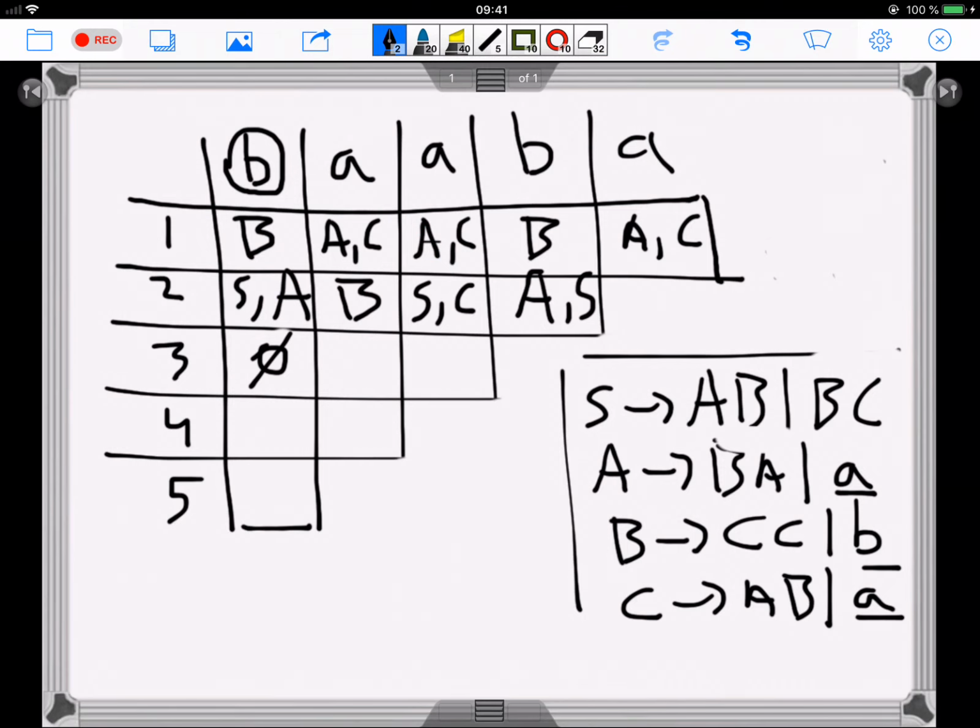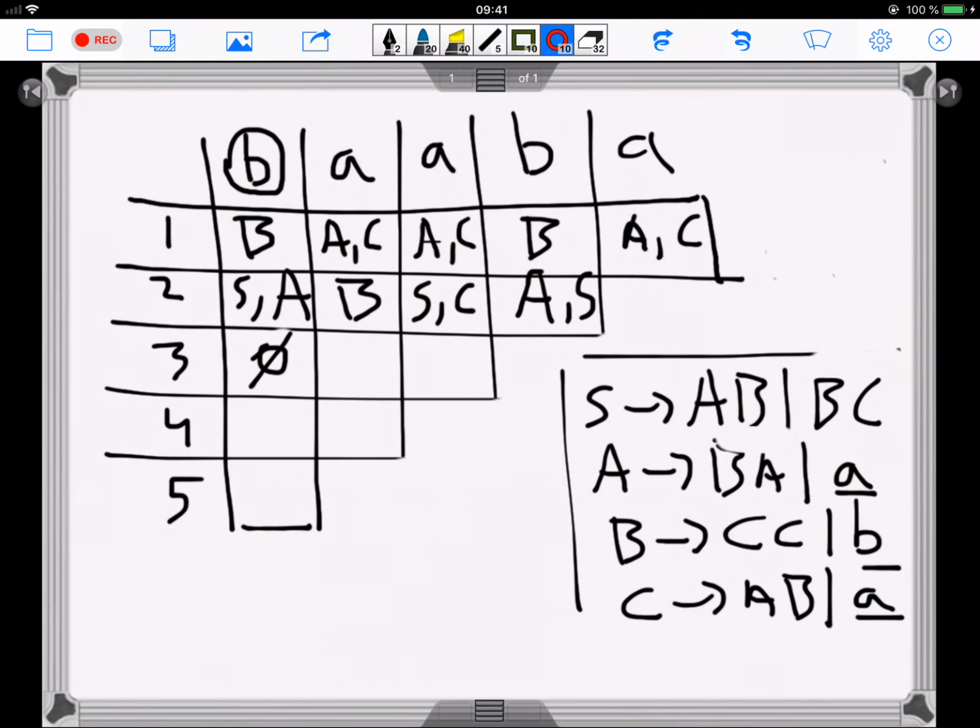Okay. Now let me go quicker for this next cell in the row. We need to consider this cell first, this possibility with this possibility.